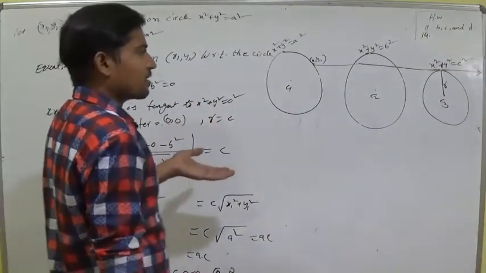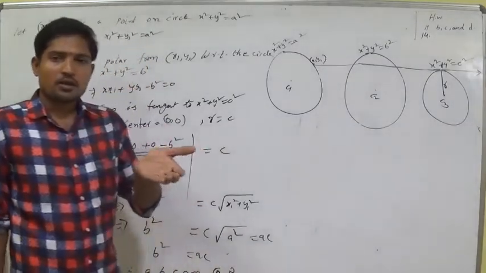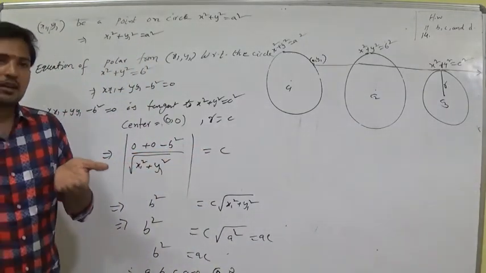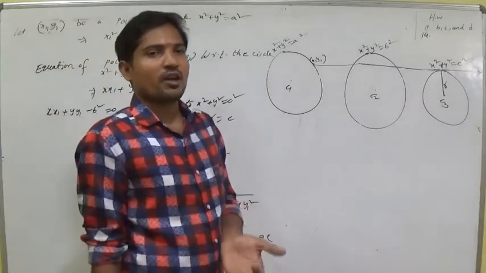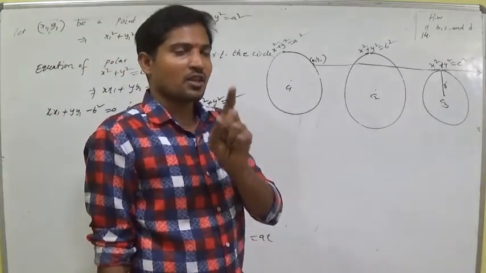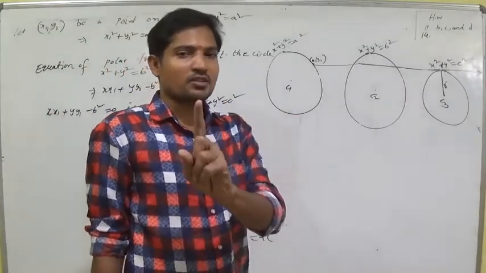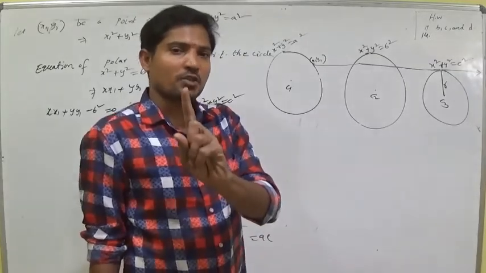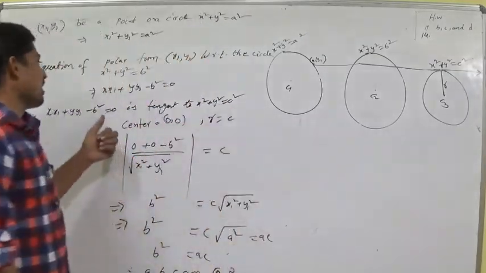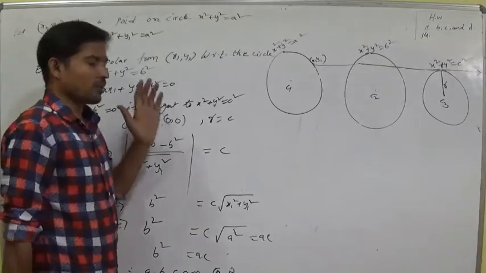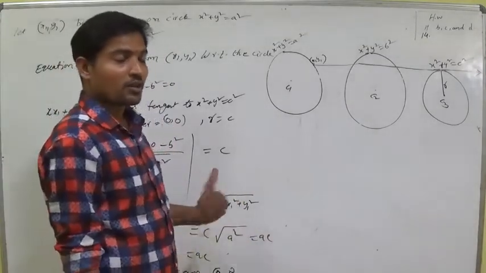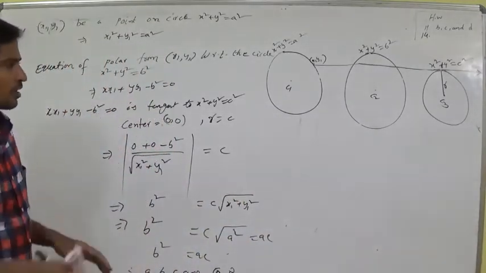Suppose ax plus by plus c equal to 0 is a line and a point x1, y1, then the perpendicular distance is (ax1 plus by1 plus c) by square root of a square plus b square. Here a is x1 and b is y1. That's why I got here x1 square plus y1 square. Right? Now next one.